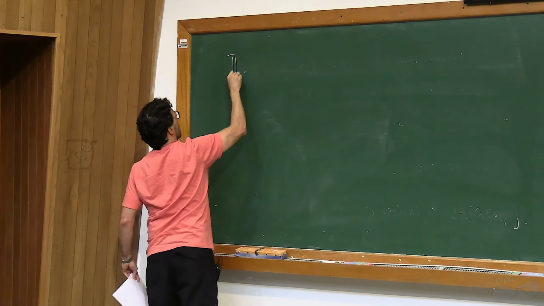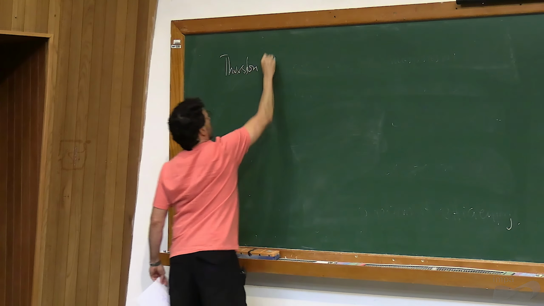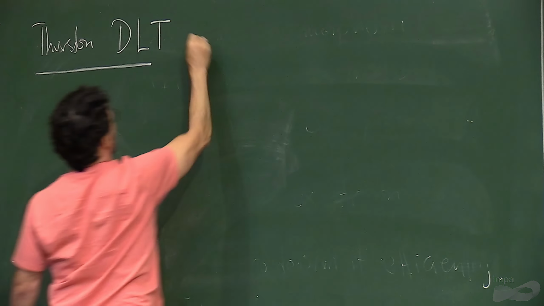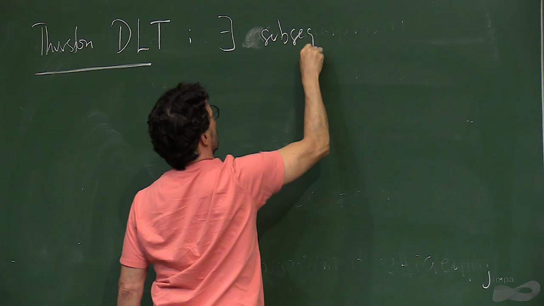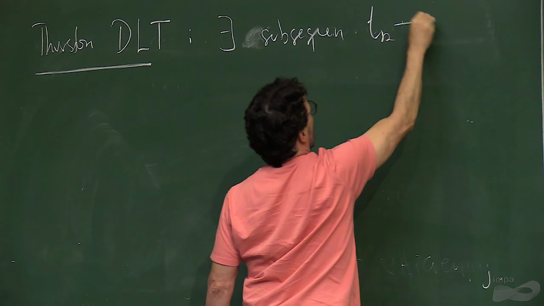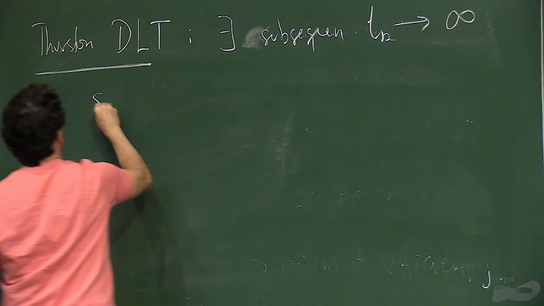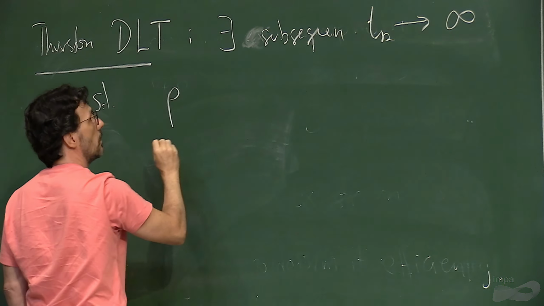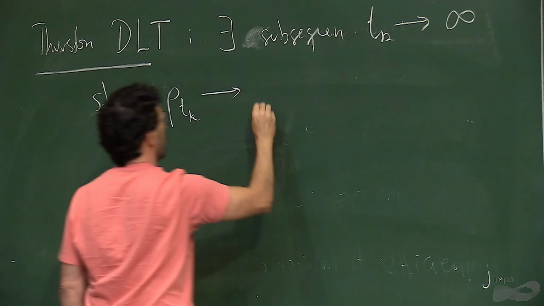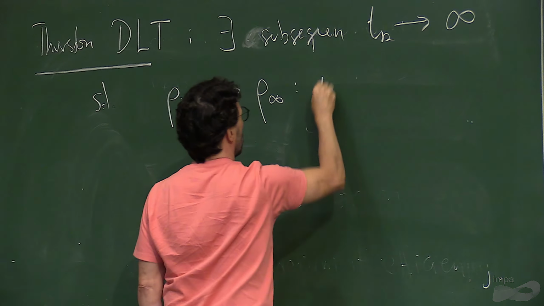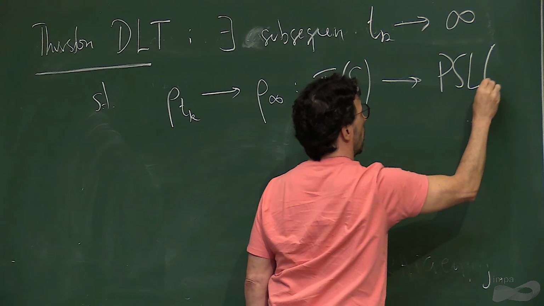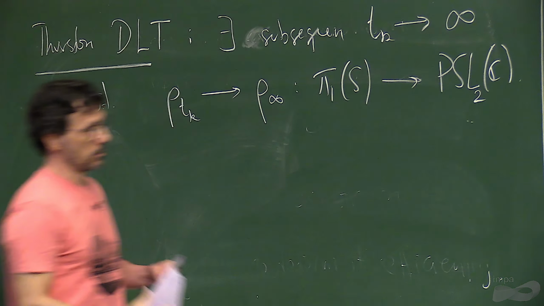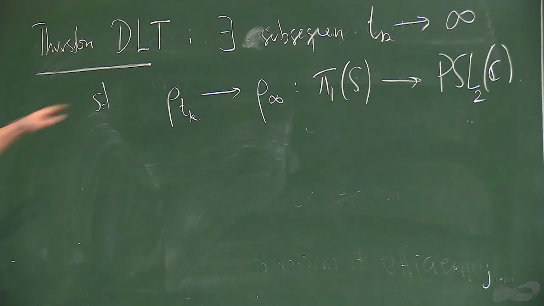Thurston's double limit theorem says there exists a subsequence t_k going to infinity such that these representations rho_{t_k} converge to a representation rho infinity from pi 1 of the surface into PSL2C. They're quasi-Fuchsian all along, but the limiting representation is not quasi-Fuchsian anymore.